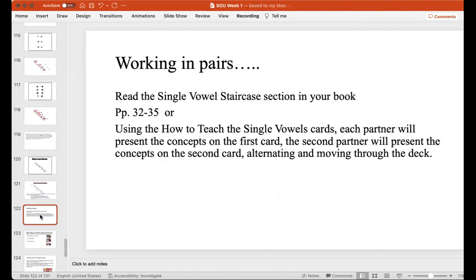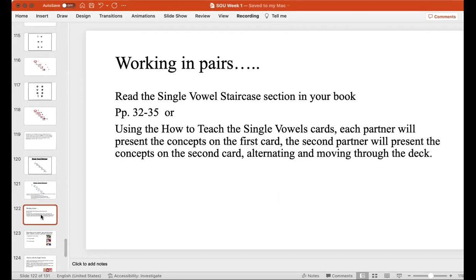Okay, so let's see, what time are we ticking? We have 18 minutes. I think what I'd like you to do is to practice teaching each other the single vowel staircase. Is everybody willing to do that? Yep. Okay. So we're going to go into groups.